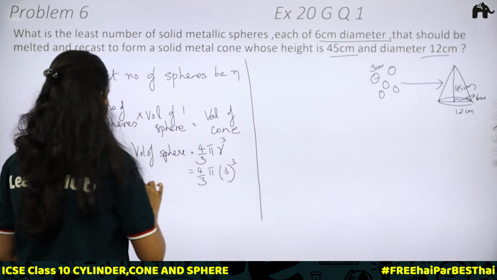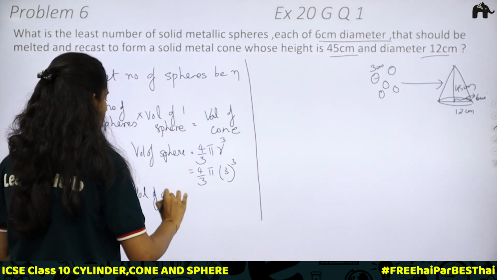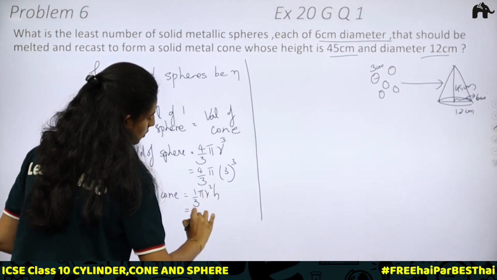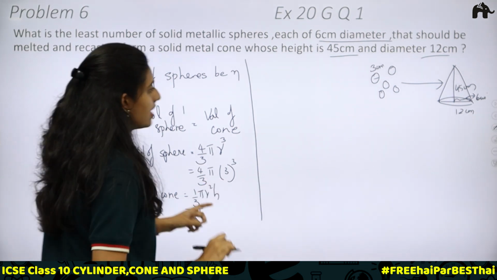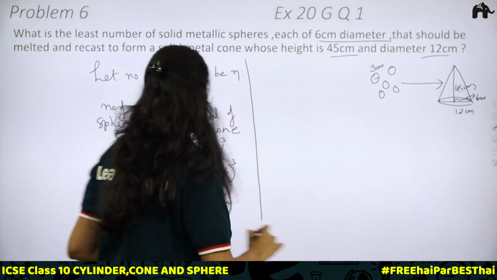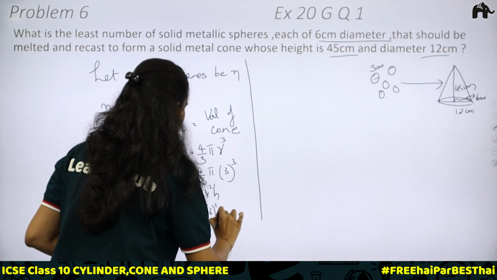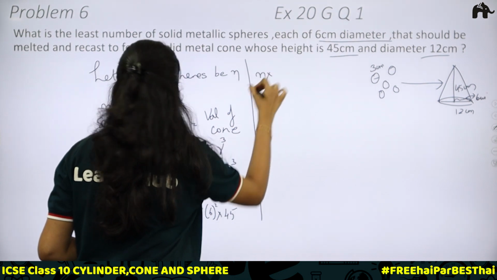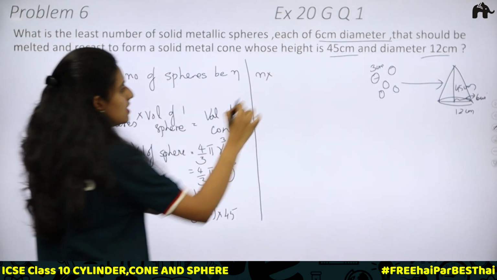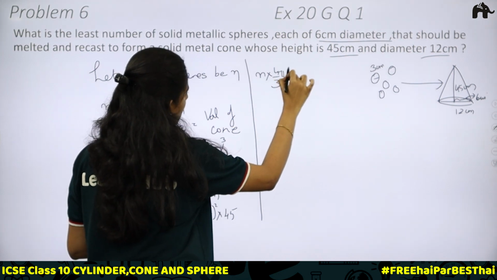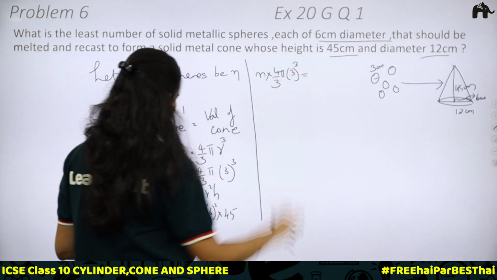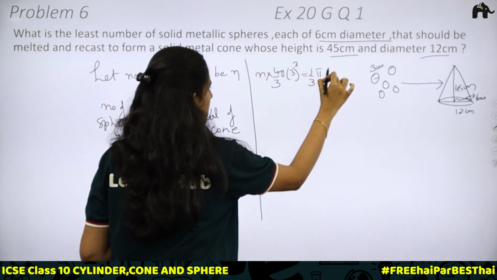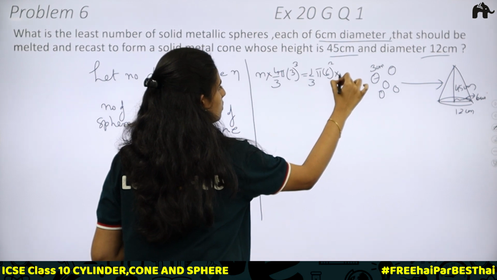Then what is the volume of the cone? Volume of cone is equal to 1 by 3 pi r square h, equal to 1 by 3 pi r square. Here the radius is 6 centimeter. Therefore 6 square into height is given 45. N into volume of one sphere, which is 4 by 3 pi 3 cube, will be equal to volume of cone, which is 1 by 3 pi 6 square into 45.